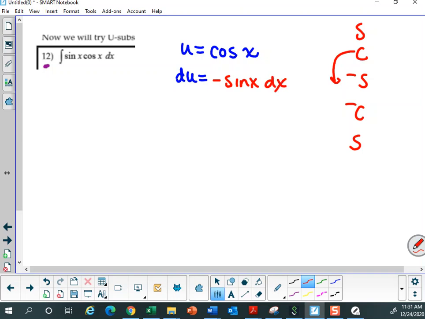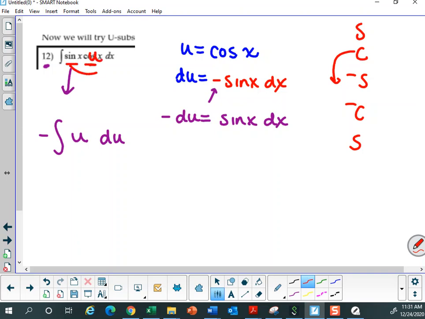You'll see I don't have exactly a perfect match, but I can move the -1 essentially over to be with the du. So I would have a negative du and a u. The cosine is acting as my u. Sine x dx is my du as long as I put a negative there.